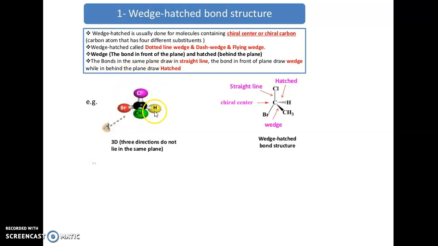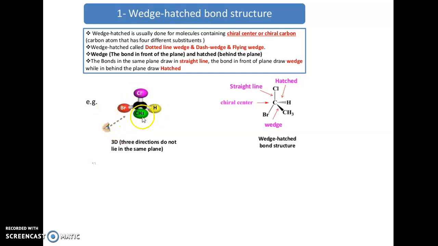So this is a 3-dimensional view of this chiral molecule, wherein the carbon is bonded with 4 different groups: Cl, Br, H and a methyl group.